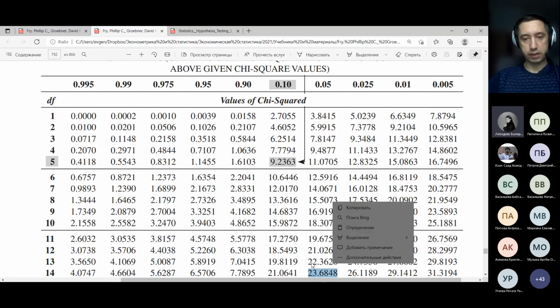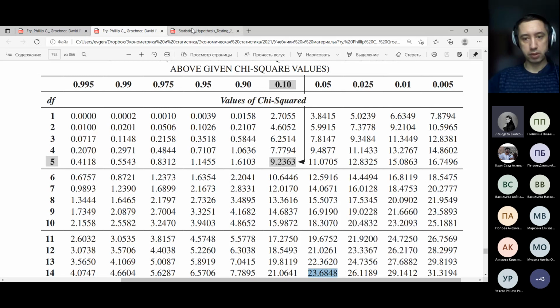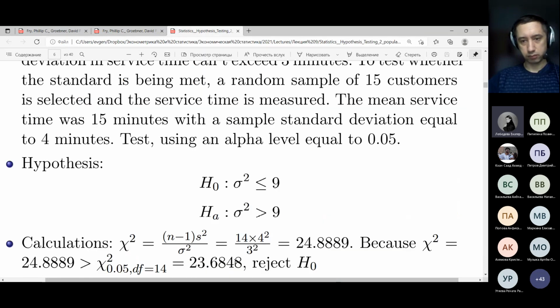This is our critical value. Here we see that our estimated chi-squared is greater than the critical value at this confidence level. Hence, we have to reject null hypothesis.